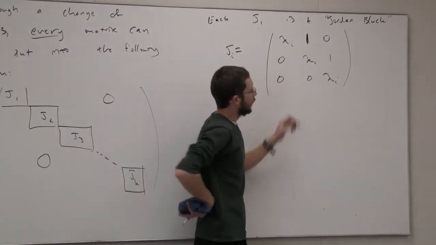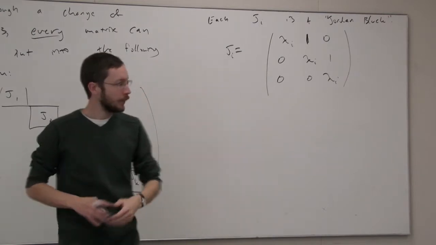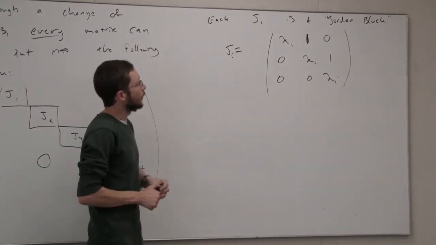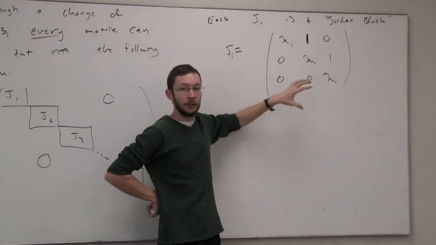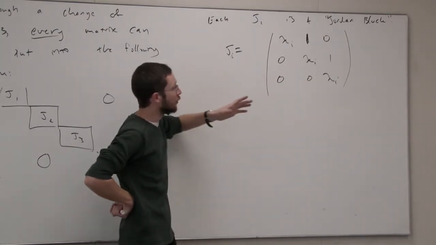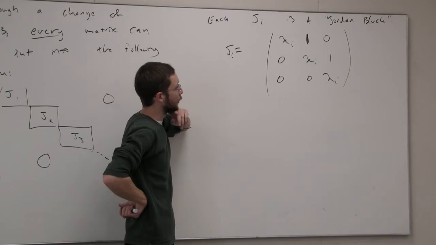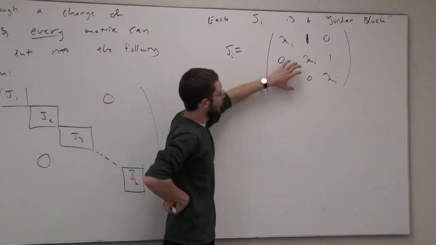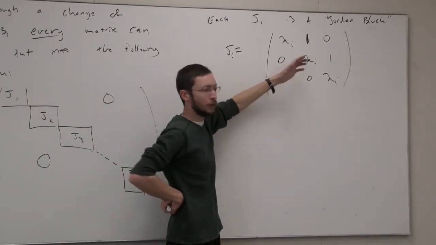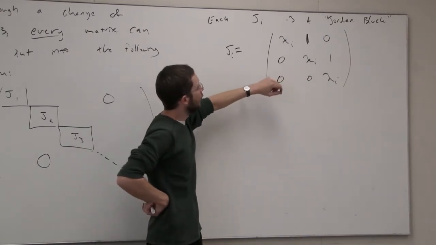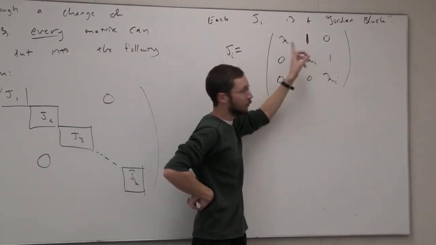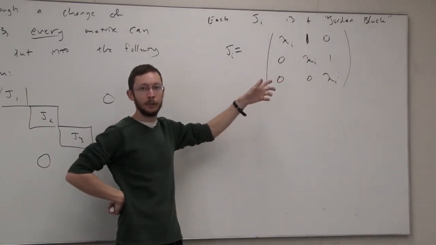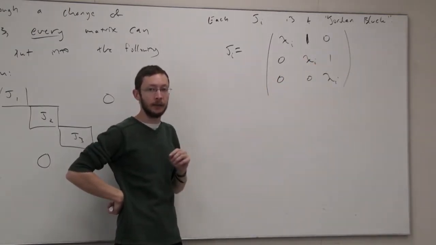Okay? And so this Jordan block is as close to a diagonal matrix as some matrices can get. In a perfect world, every matrix would be diagonalizable, but the reality is that most transformations can't be diagonalized, and you'll see that the Jordan blocks are basically as close as you're going to get to being diagonal without actually being diagonal.